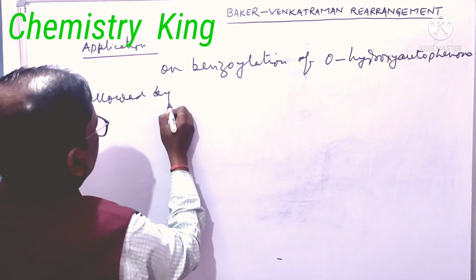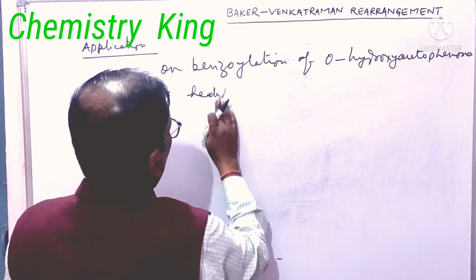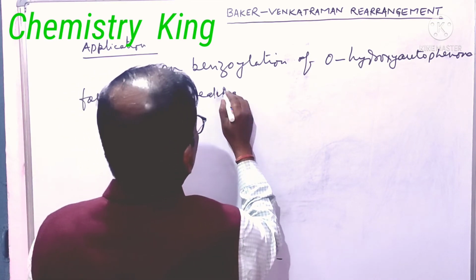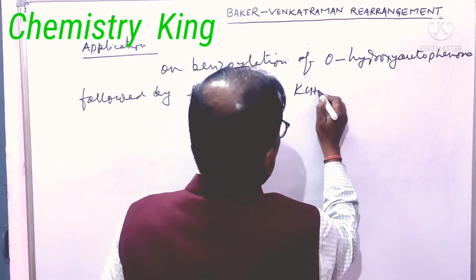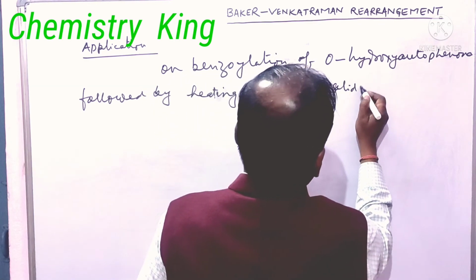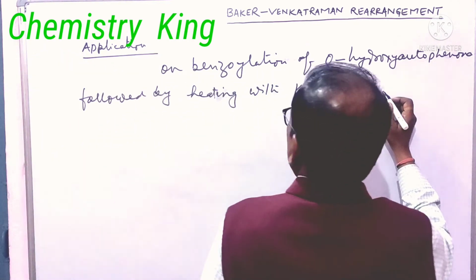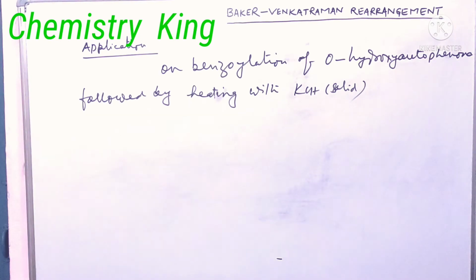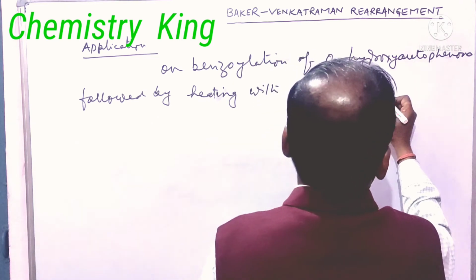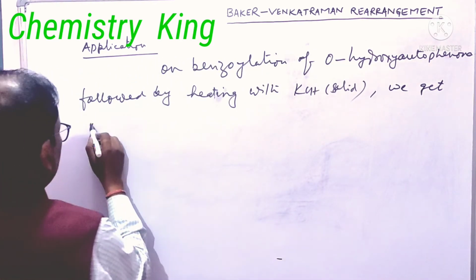On benzoylation of orthohydroxyacetophenone, followed by heating with solid KOH, we get beta diketone.